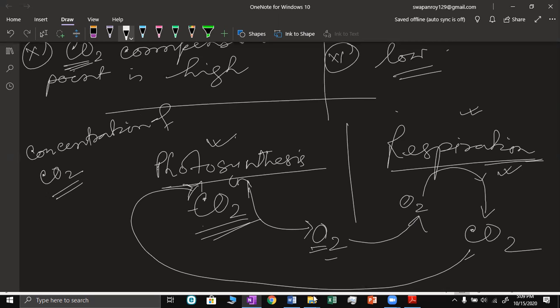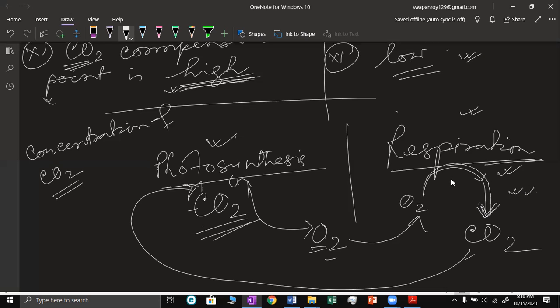This is very high in case of the C3 plant, but for the C4 plant it is very low. It means that even at low concentration it can carry out photosynthesis efficiently and produce enough oxygen to support respiration.